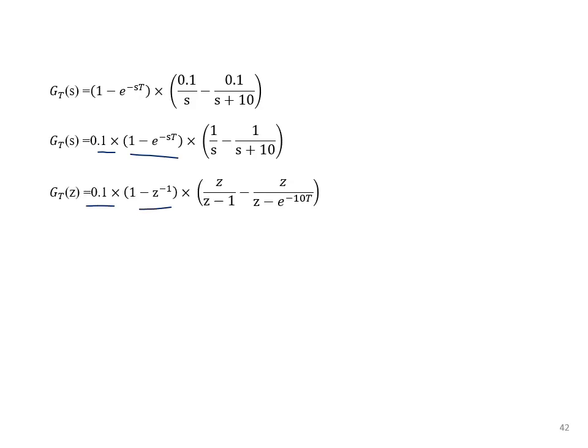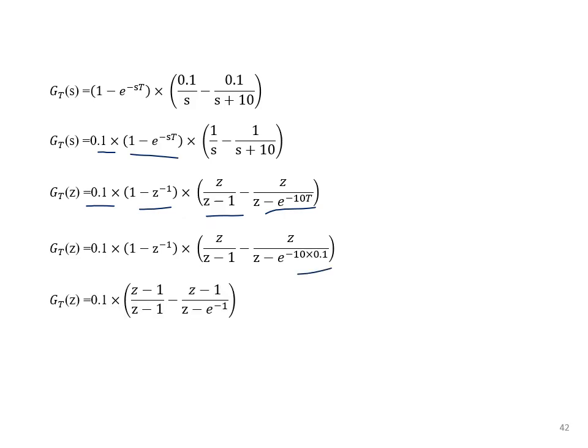Then 0.1, 1 minus Z power negative 1, 1 over S, which is equal to Z divided by Z minus 1, minus 0.1 times 1 over S plus 10, which is equal to Z divided by Z minus e power negative 10T. We substitute T equal 0.1. We have 0.1 times Z minus 1 divided by Z minus 1 minus Z minus 1 divided by Z minus e power negative 1.